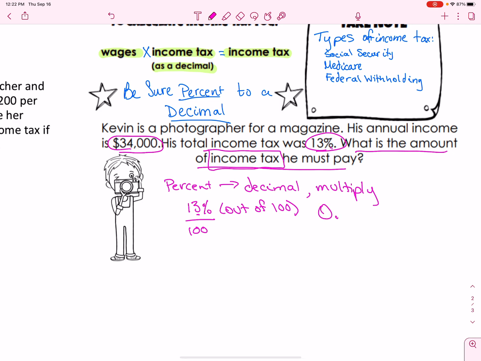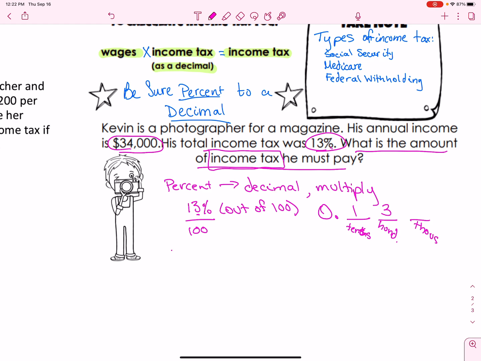If we have 0 point number, this is our tenths, this is our hundredths, this is our thousandths. So this 3 is going to go in our hundredths because it is a percent. 3, and then we bring it up to the decimal. So our decimal rate is 0.13.